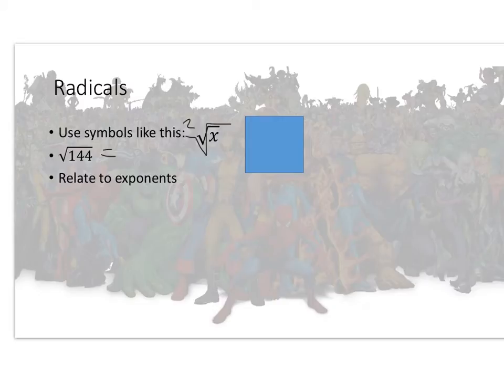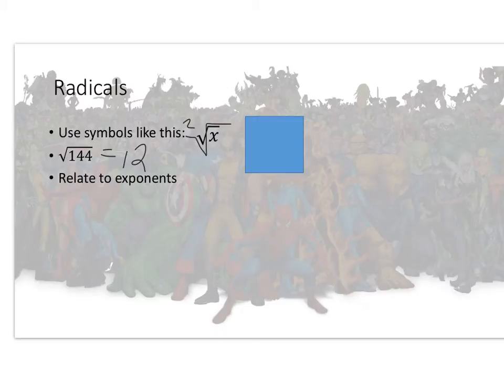With a little bit of thinking, you'll notice that 12 times 12 is 144. So one of the square roots of 144 is 12. That's not the only square root. We also have our negative roots, because negative 12 times negative 12 would also give you 144. But for right now, we're looking at the primary roots. The primary root is the positive root.